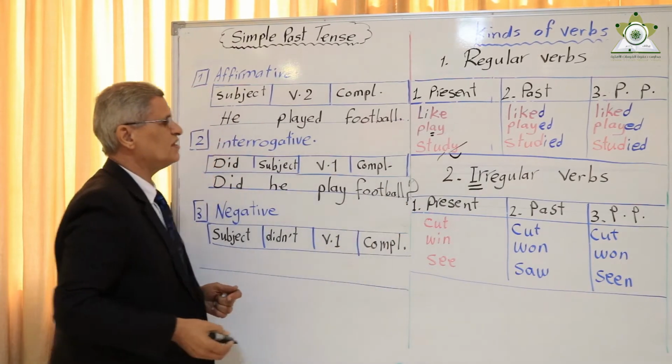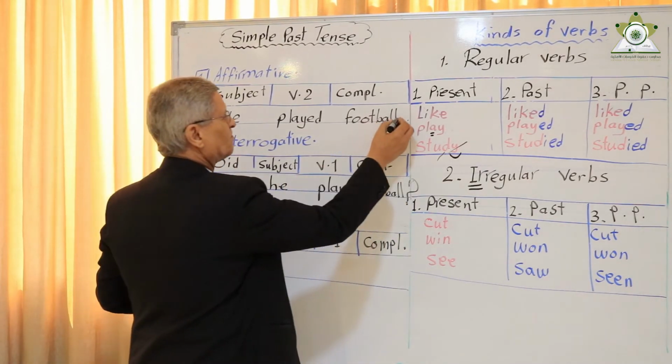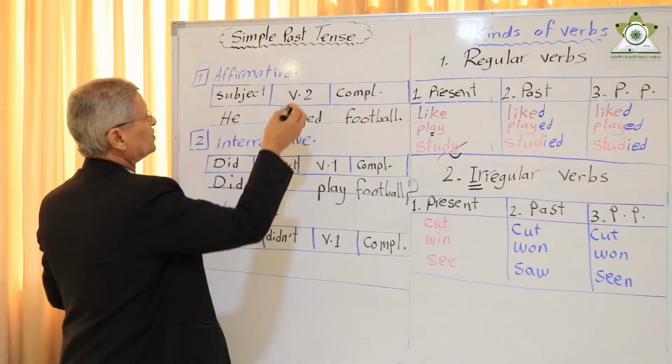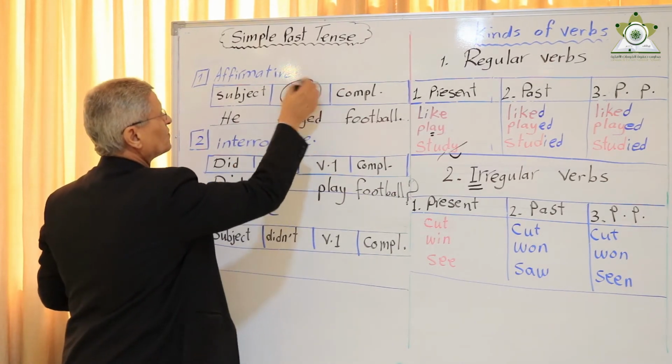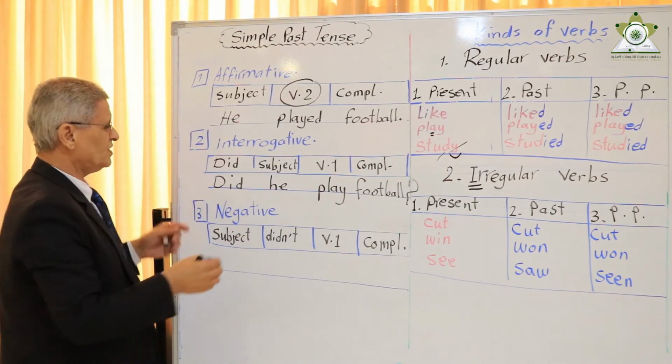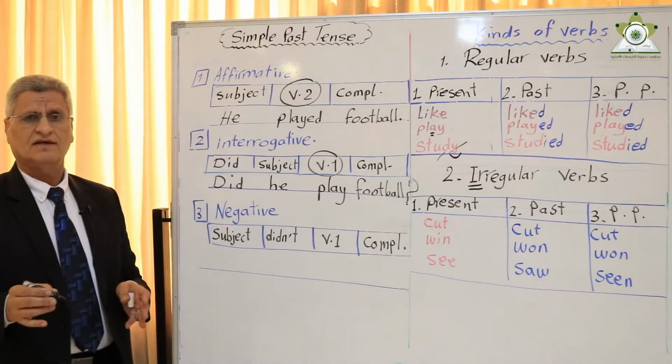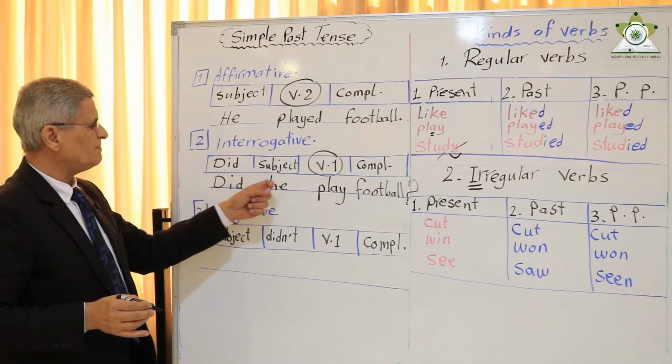And at the end, question mark. Here we have full stop. Notice here, in the affirmative, we use verb 2. In the question, we use verb 1. This is very important. Did he play football?